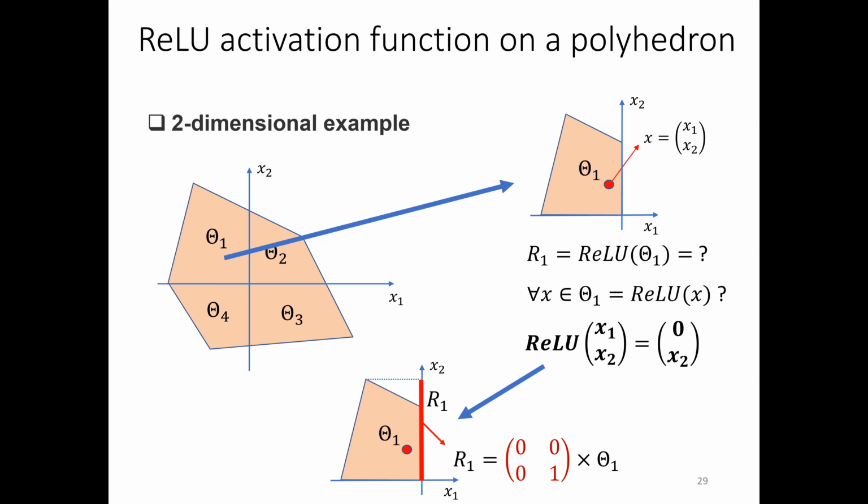And in this affine mapping, the row corresponding to x1, the first row, is gonna be 0 and 0, right? So you always have 0 output for x1, and you have x2 kept the same, right?